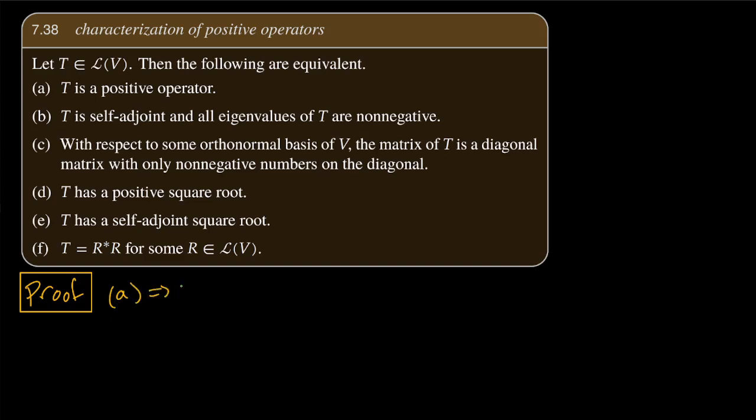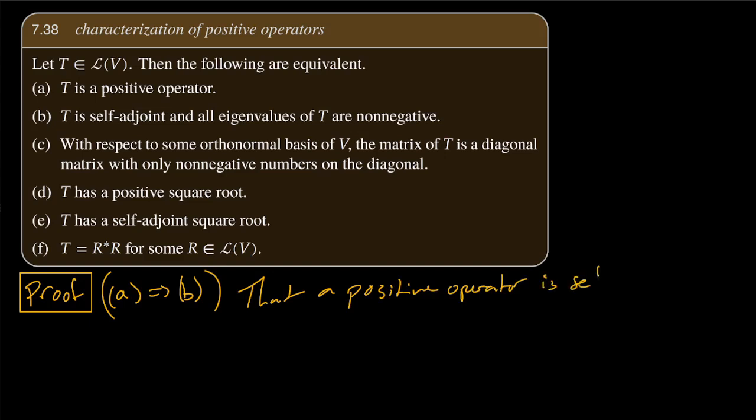To get from A to B, all we have to do is the following. I would say that a positive operator is self-adjoint is immediate from the definition.